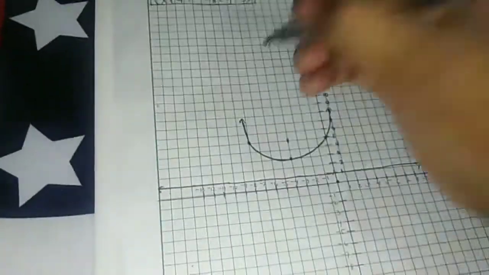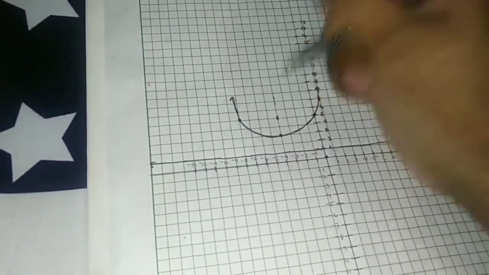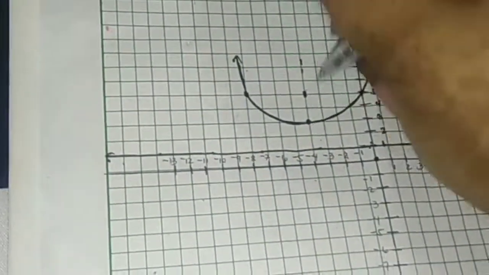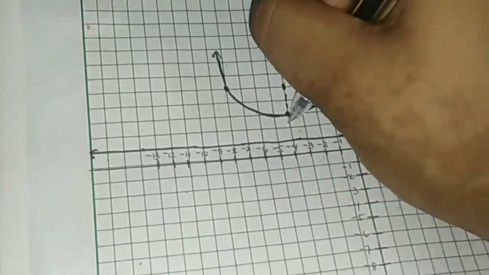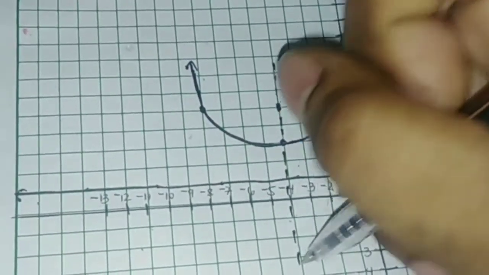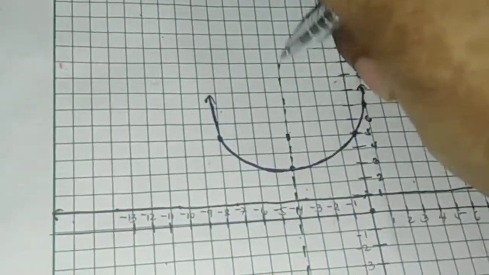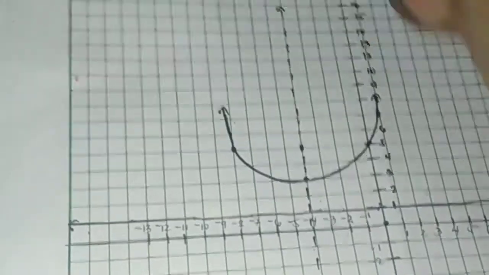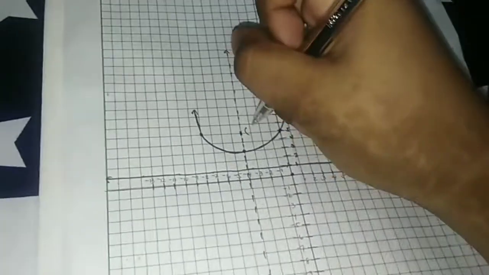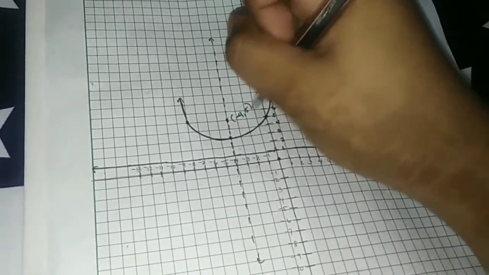And of course, for our line of symmetry or our axis of parabola, alam naman natin na dumadaan siya sa focus and sa vertex, which is negative 4. So, negative 4. X is negative 4. Ayan. Dadaan po siya sa ating focus and sa ating vertex. So, lagyan lang natin sila ng detail in which ang ating focus ay negative 4 and 5.